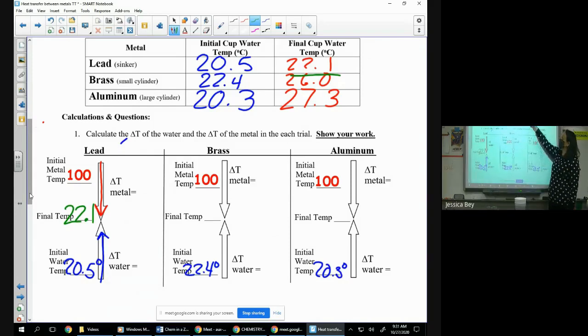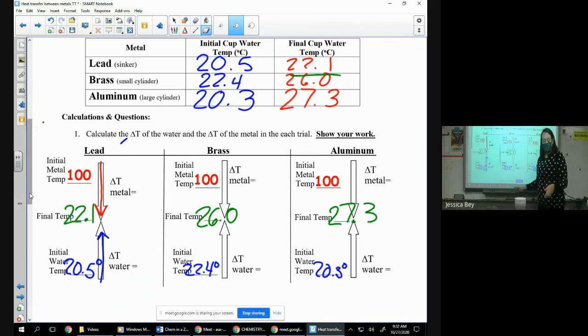The final temperature for the brass was 26.0 degrees. And the final temperature for my aluminum was 27.3 degrees. Okay? So what you're going to need to know is how much temperature they changed.